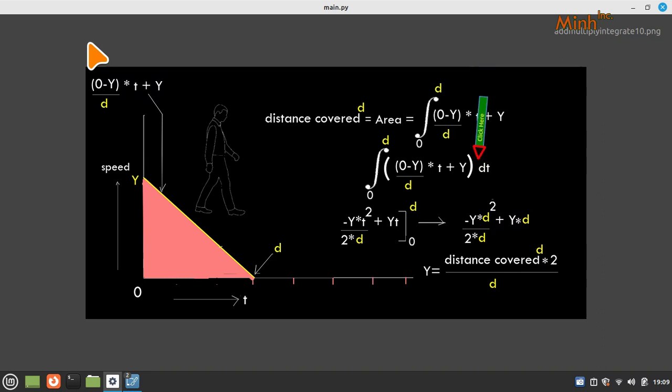Whatever is the variable, t is the variable, so we call it dt.